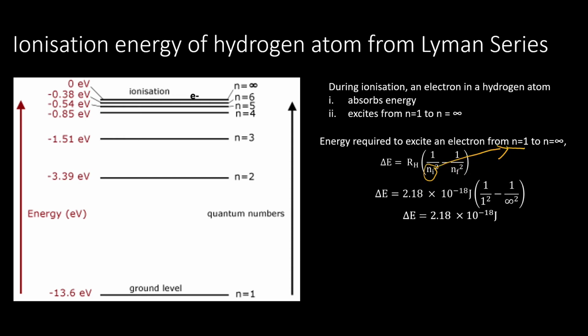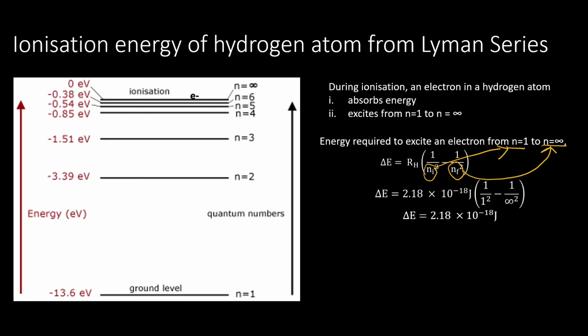Then, the electron is excited to n equals to infinity. So, our n final here is referring to n equals to infinity. Then, by substituting these informations into the formula, we can get the energy required to excite one electron from n equals to 1 to n equals to infinity. And the energy required is equals to 2.18 times 10 to the power of negative 18 joules.